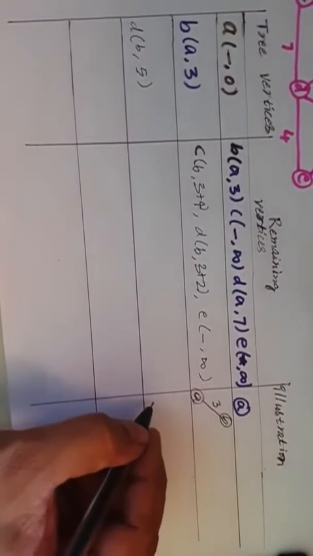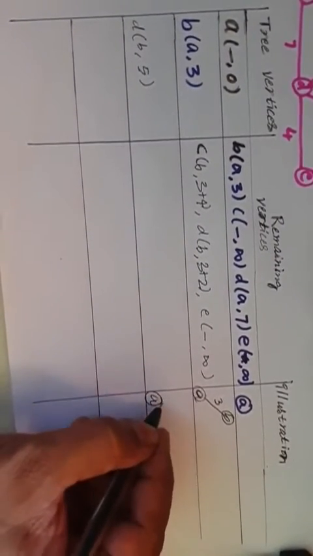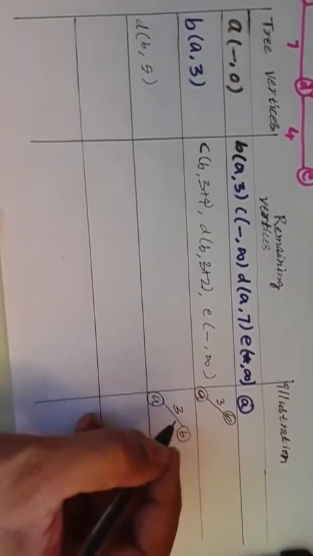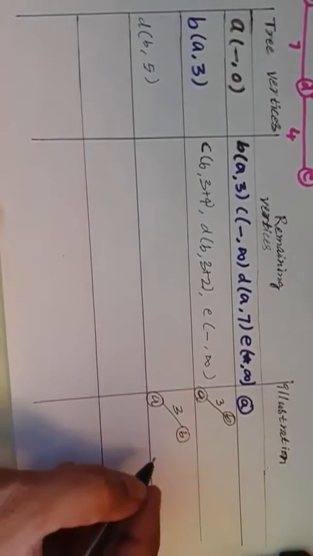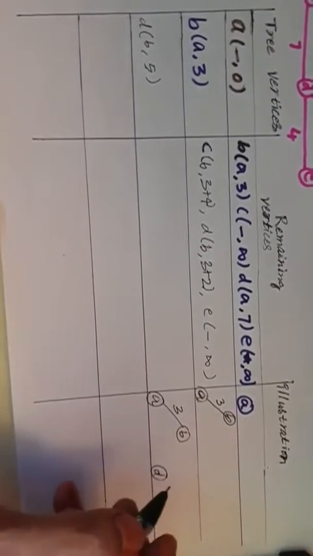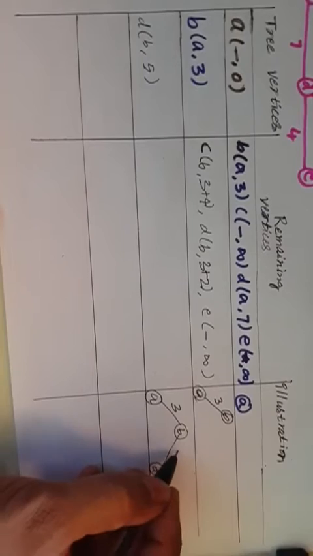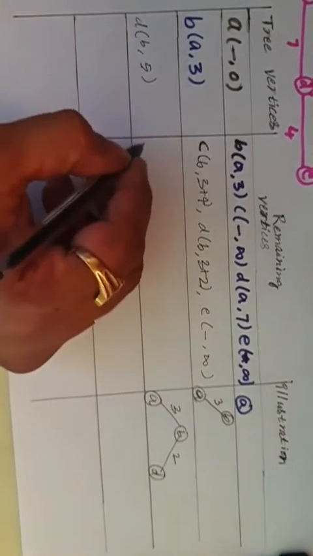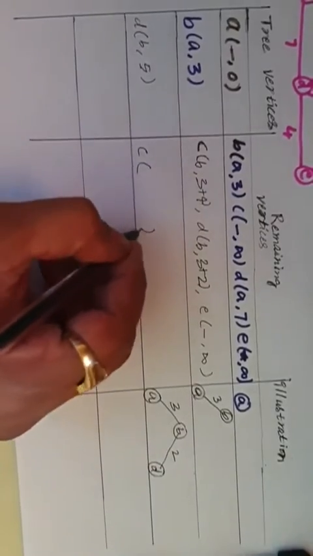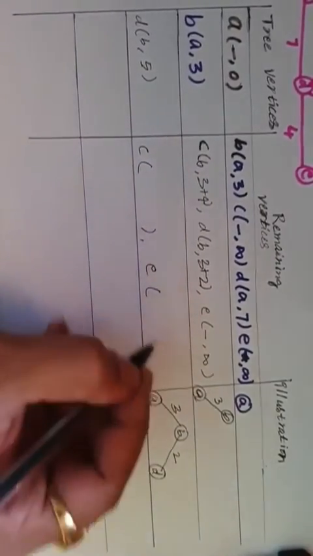Now insert d into the tree. A, b was already there with cost 3, and now I insert d also. Now d is inserted and the b to d cost is 2. Now the remaining vertices are c and e.